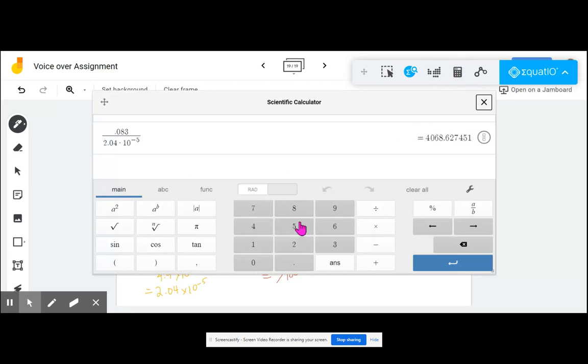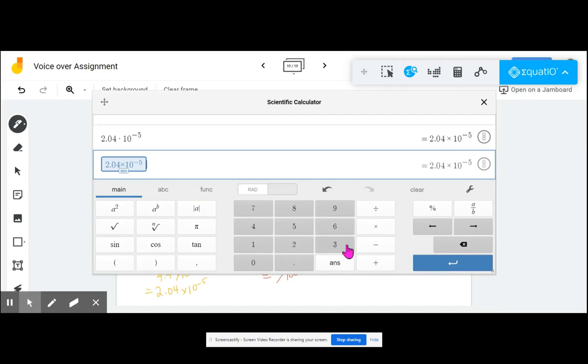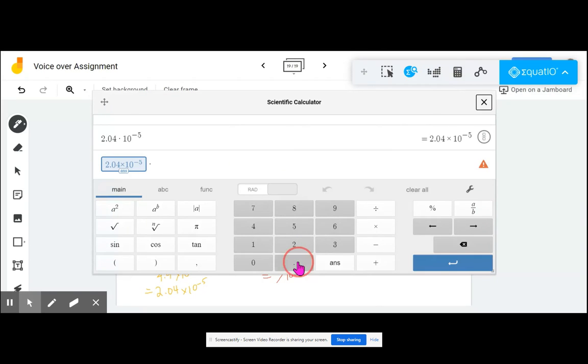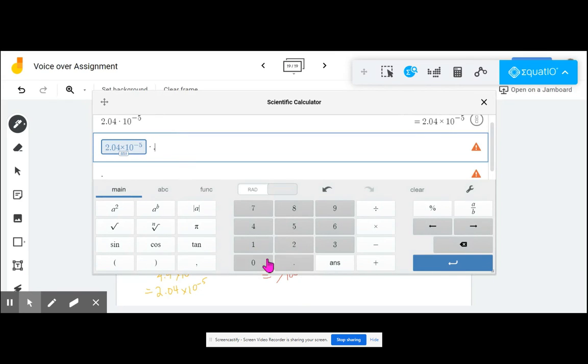So you can put that in the calculator. 2.04 times 10 to the negative 5, and then you multiply that by the number on the denominator here, which is 0.083, and that will give you a new number, which you will keep on the left hand side.